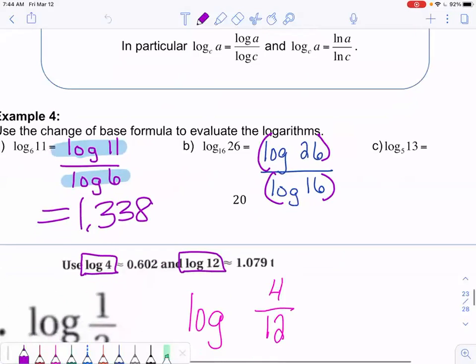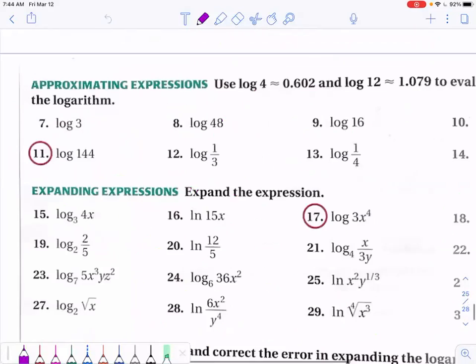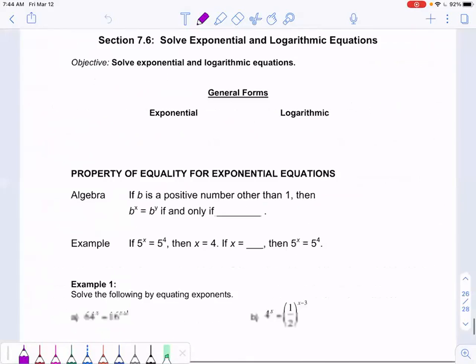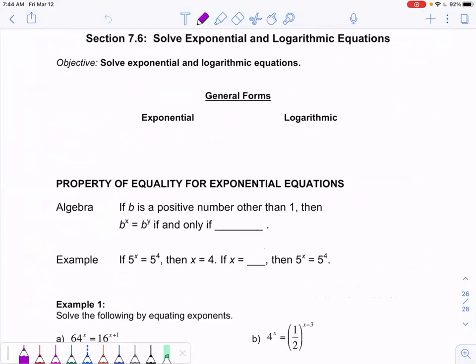And we're going to start the last section of our packet, the last section of our logs and exponents chapter. And as I said, I think you'll find that this exponent form is pretty straightforward. We just have to remember some of those properties of exponents.